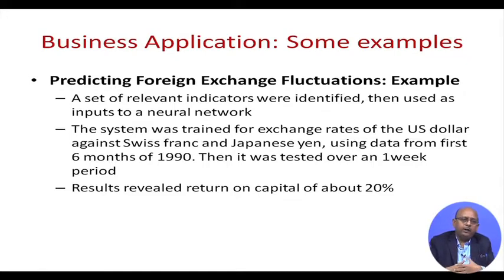Then you can go further and see what are the factors which are responsible, what is their weightage, and what kind of decisions you are going to take based on that when you take the next round of loan applications. These are basically business decisions. Another application is when you want to predict how much fluctuation is going to be there in foreign exchange.